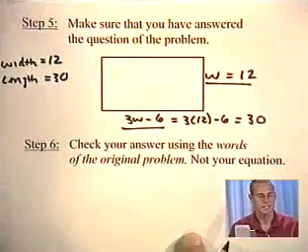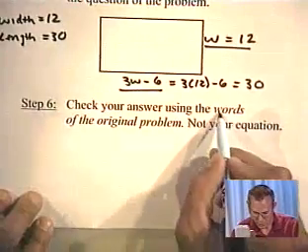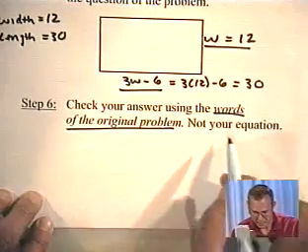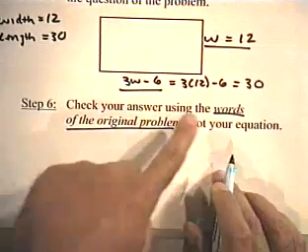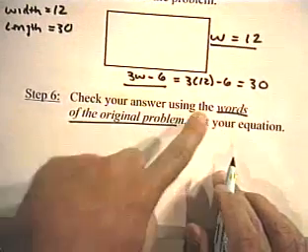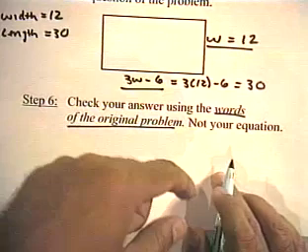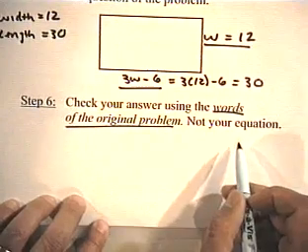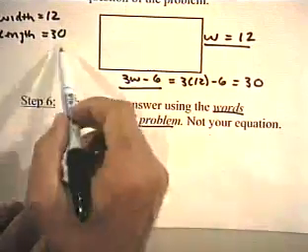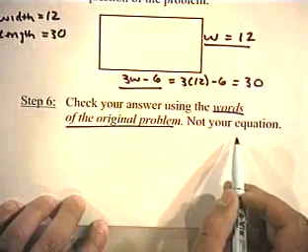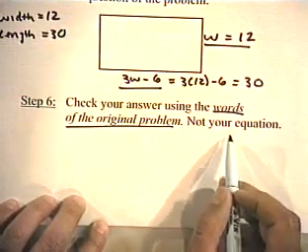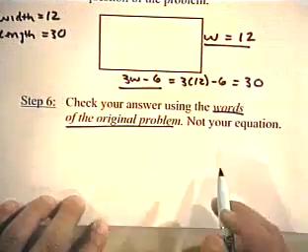Step 6 is to check our answer using the words of the original problem, not your equation. Why is this so special to use the words of the problem, not your equation? Because we want to check with the original problem.